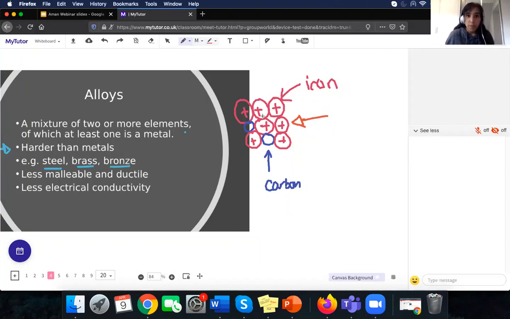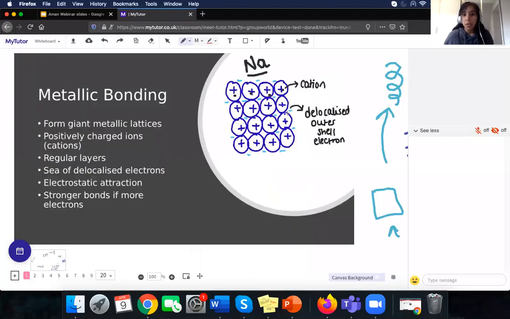We don't. Okay, so just to explain why an alloy is harder. So these positive ions here, in a normal metal, can slide over one another. Just like here, we've got this regular structure, these nice layers. That means these positive ions can slide over one another like this. And the reason that happens is because these ions won't repel. The electrons there will hold them together and allow them to move.